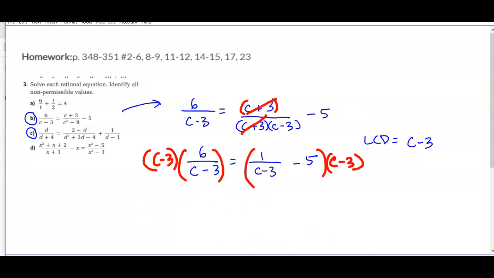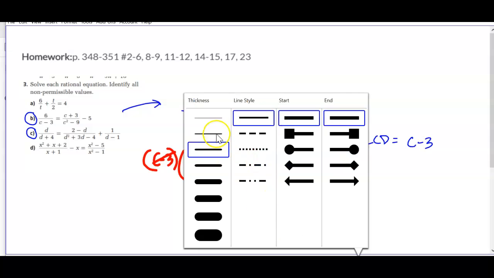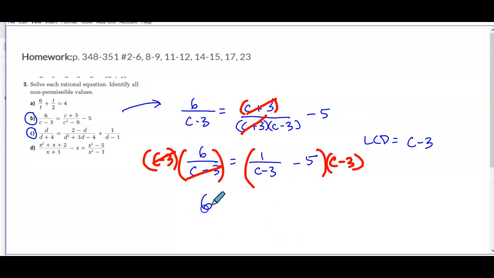And actually, I'll show that. Those divide out there. And then we get 6. And then when I distribute this, those divide out, and I get 1. And then minus 5 times c minus 3. So that would be minus 5c plus 15.